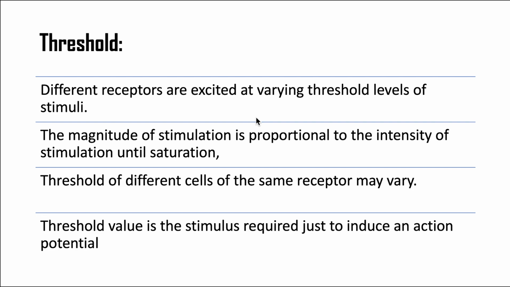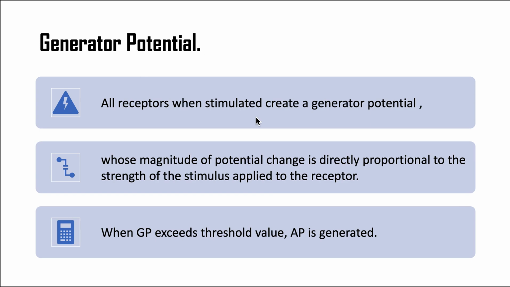Let's talk about this thing called the generator potential. All receptors, when they are stimulated, create a generator potential. If you don't know what a generator potential is, you'll have to go back and watch that video where we talked about an impulse and how it's generated. The magnitude of the generator potential is directly proportional to the strength of the stimulus applied to the receptor.